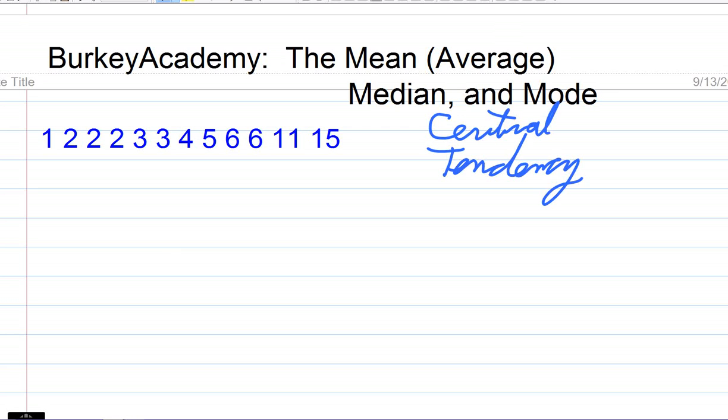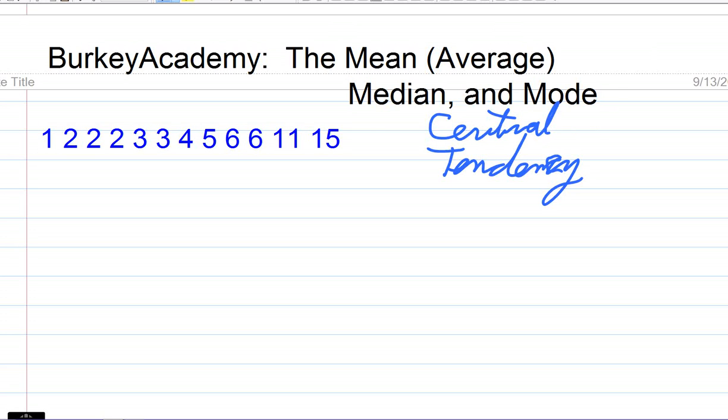Well, central tendency means either what it would be like to be in the middle of these numbers, or what it would be to be a common member of this group of numbers in some way or another. And all of these three measures of central tendency hit at a slightly different aspect of what it would mean to be common or kind of in the middle or something like that. So let's explore these three things so that we can see what the differences are.